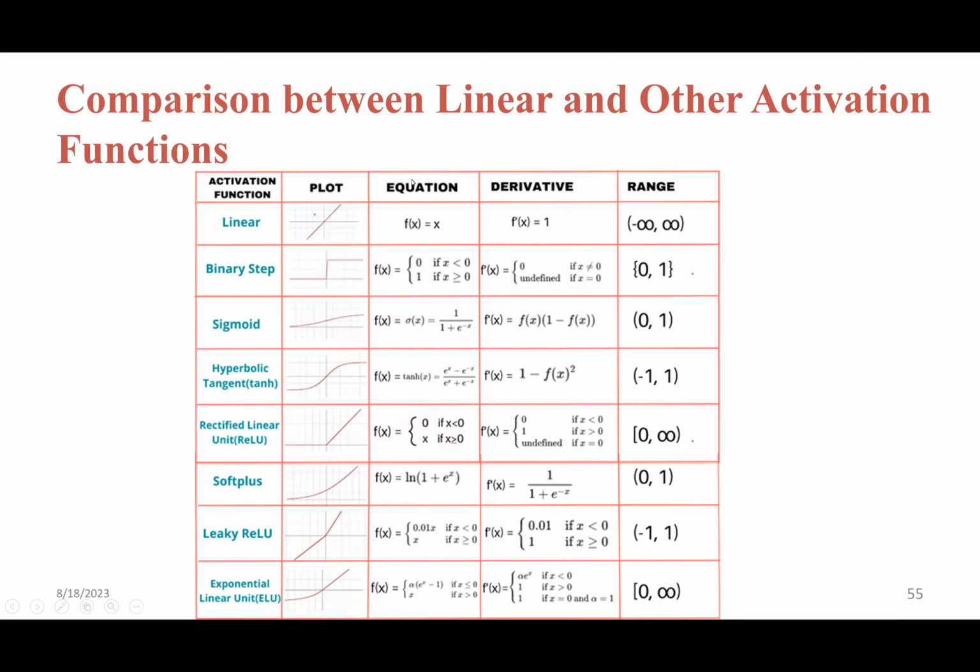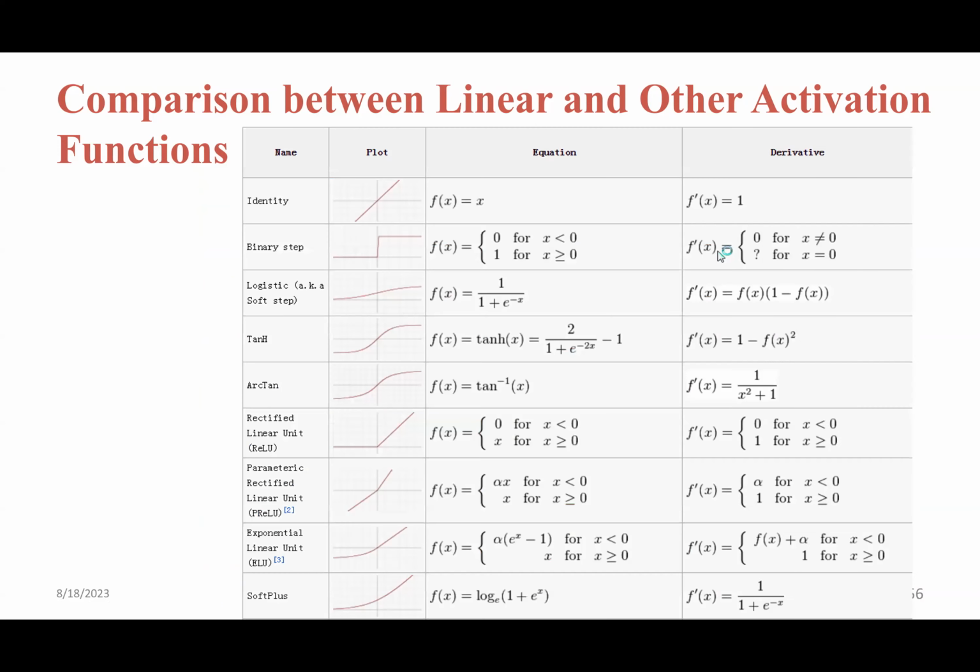Okay, the derivative is also given, and the third column represents the activation function equation. So the equation for each of these activation functions is given, and their derivative is also given. Fine. Many cheat sheets are available. See this, another cheat sheet with plot, derivative and equation. So several such cheat sheets are available.